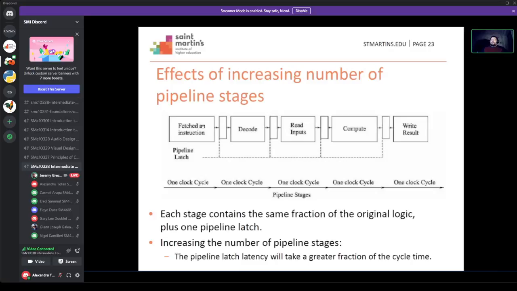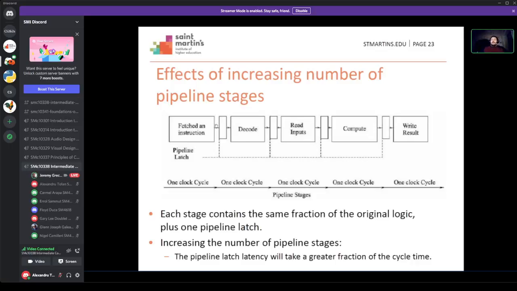In fact, between each stage within the pipeline, there exists what is known as a pipeline latch. Essentially, you're latching the performance of this particular stage with the next stage. You're linking them together. That's why it's known as a pipeline latch.